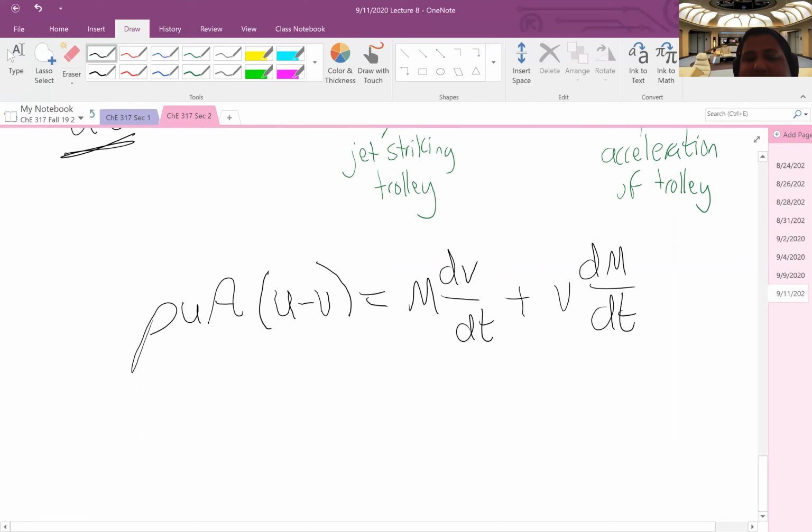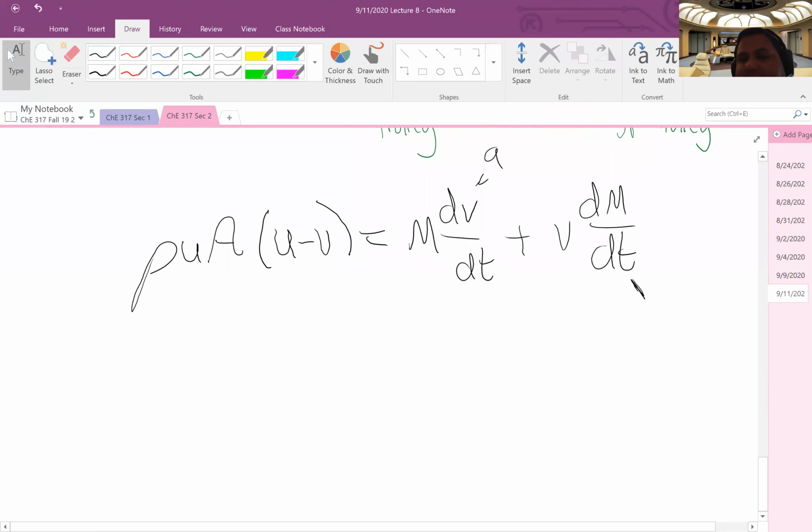So dv/dt is simply acceleration. For the change in mass, we have to consider what the mass flow rate being added to our system is. What the trolley sees, once again looking at that reference frame, is rho A (u minus v).